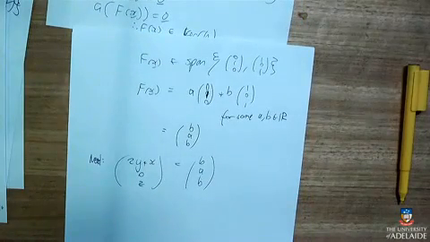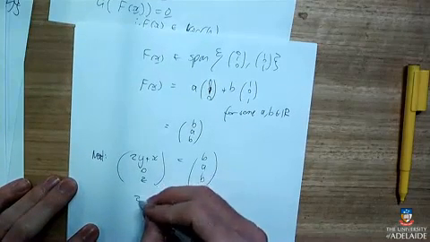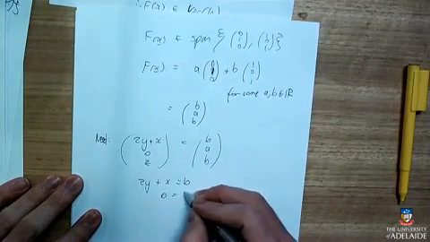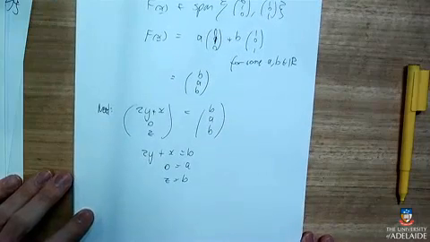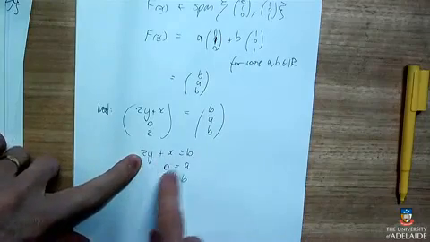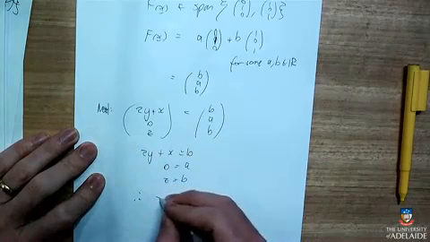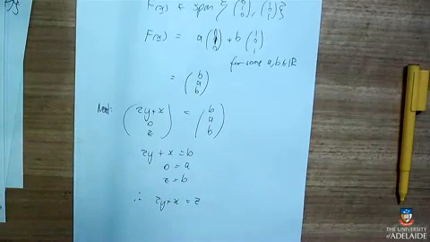Okay, so a has to be 0 for that to work. So 2y plus x has to be b, 0 has to be a, and z has to be b. So 2y plus x has to be z, because they're both equal to b. So that's the kernel of the whole thing.